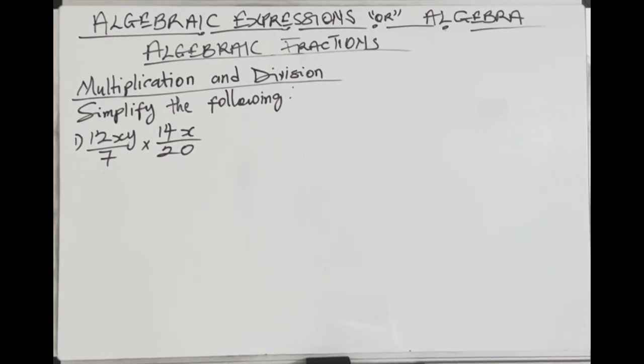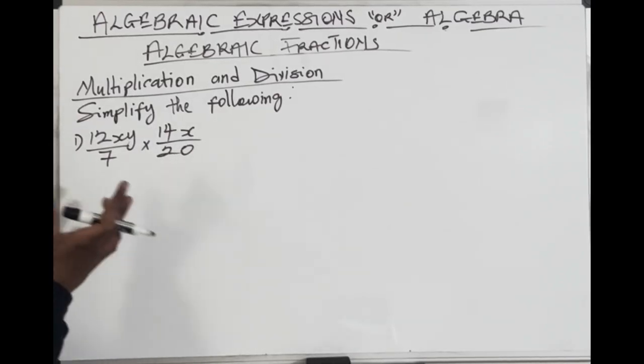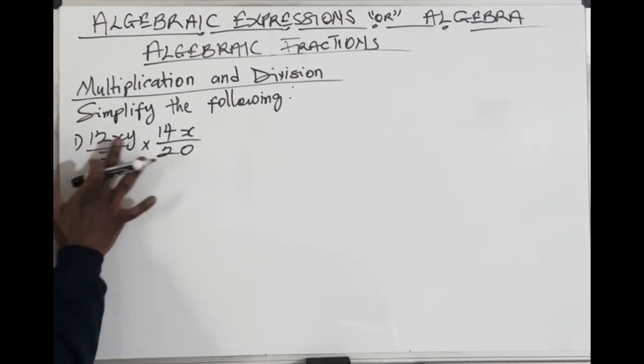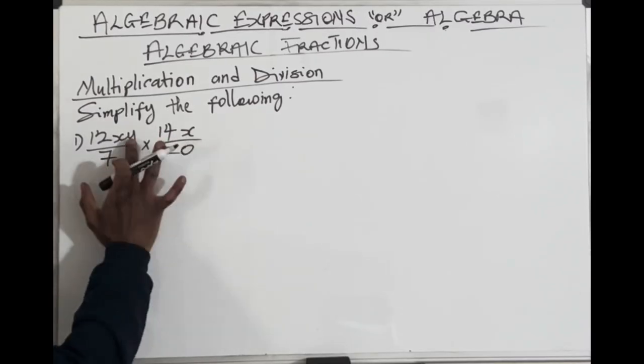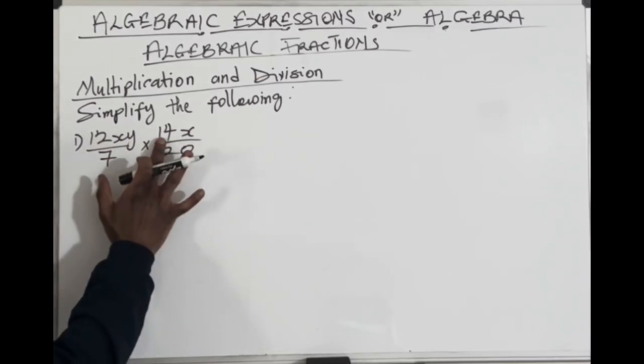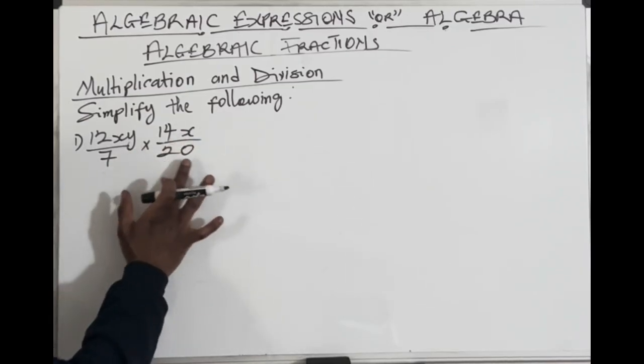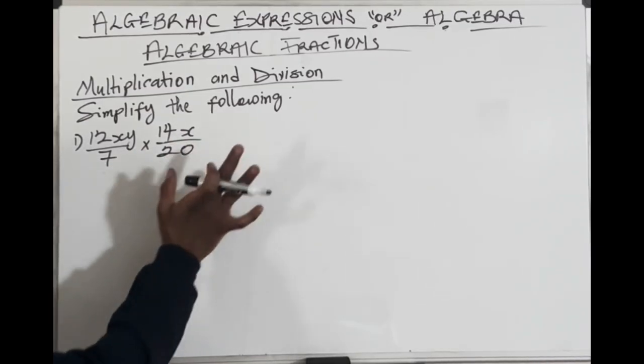So our first question, 12sy over 7 times 14x over 20. When we have something like that, it's just like working with fractions. We can just multiply through: 12 and then 14 for the numerator, and then 7 and then 20 for the denominator. We are done.